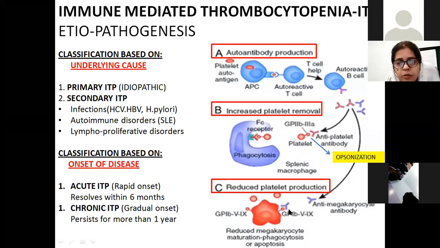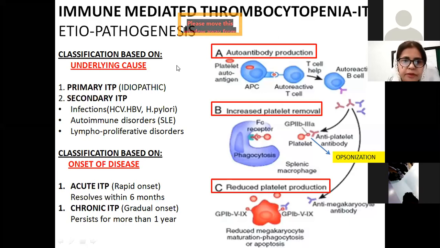Some of these antibodies are also directed against megakaryocytes in the bone marrow, where they combine through receptor glycoprotein 1B59 and they cause reduced production of the megakaryocytes, okay? Or their maturation is defective. So this is how ITP occurs.